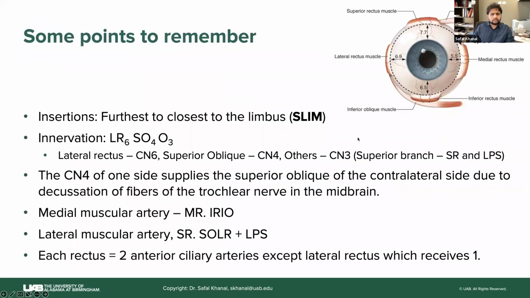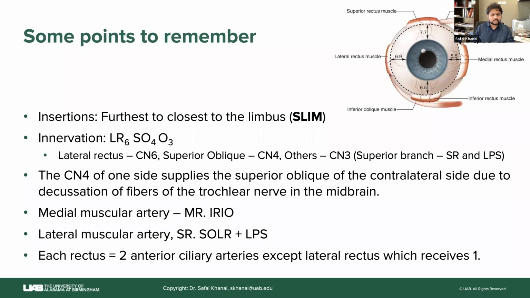A few points to remember about extraocular muscles, which could be helpful for you. In order of closest to the limbus, the muscles are medial rectus, inferior rectus, lateral rectus, and superior rectus. So superior rectus is the furthest away from the limbus. The innervation to the muscles can be remembered from the mnemonic LR6SO4O3.